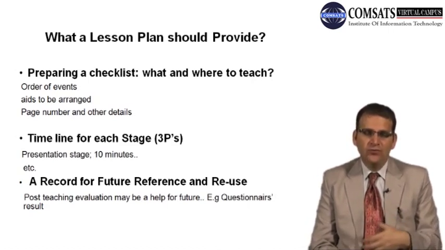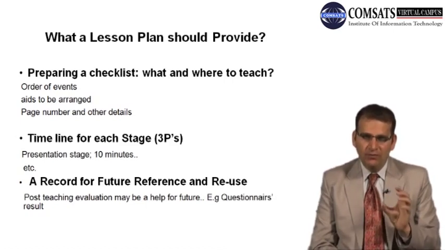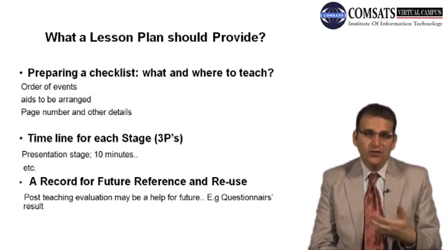These points would help you in your future lesson plans. The points you have taken down after every class would definitely improve your teaching in the coming classes. So it is very important that you keep a record and write it down. With that record, you can improve your teaching, and with every class you need to improve your teaching.